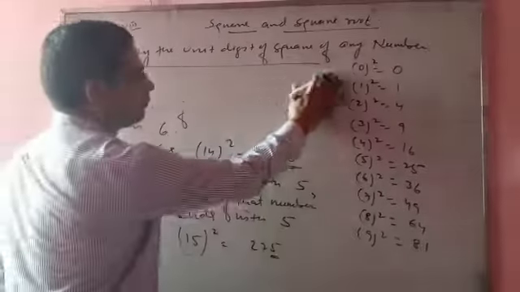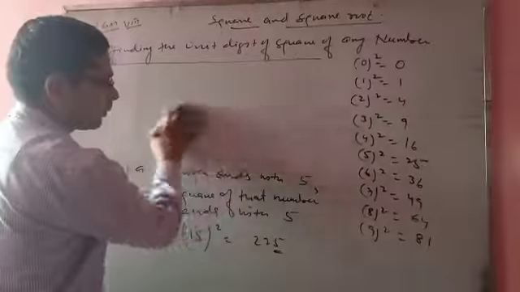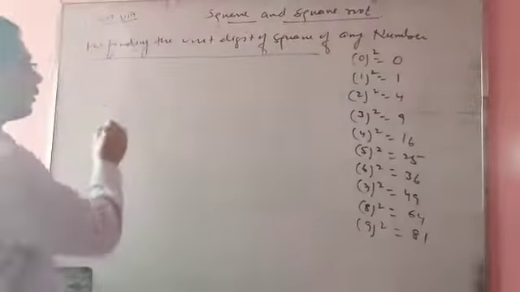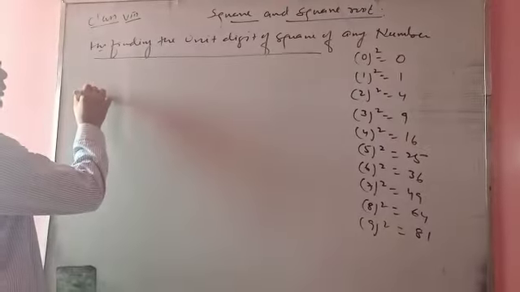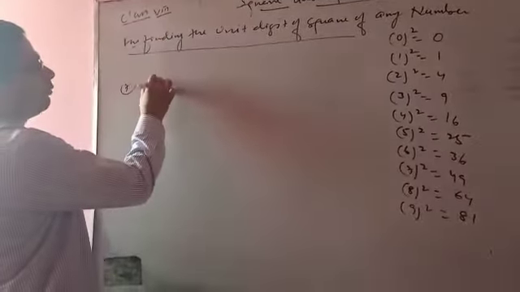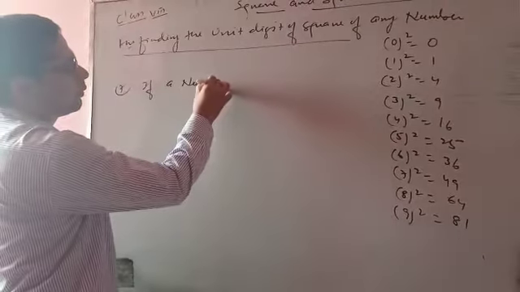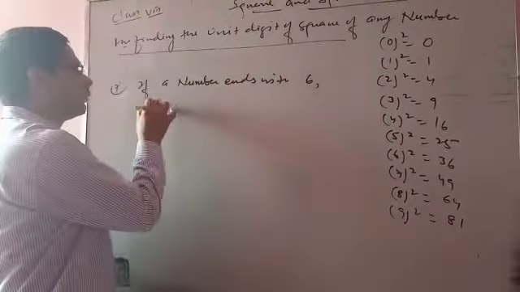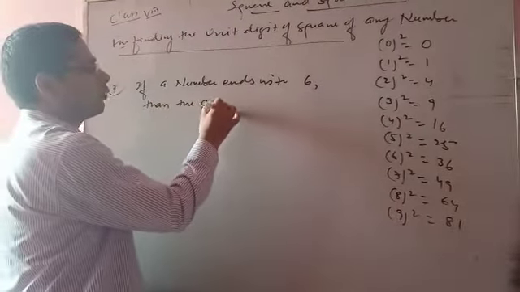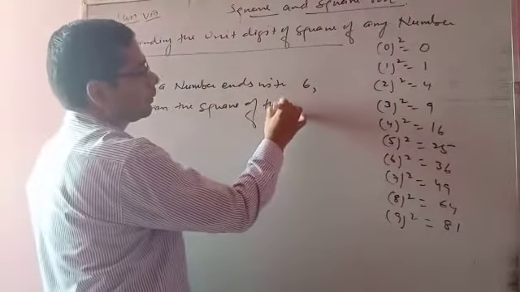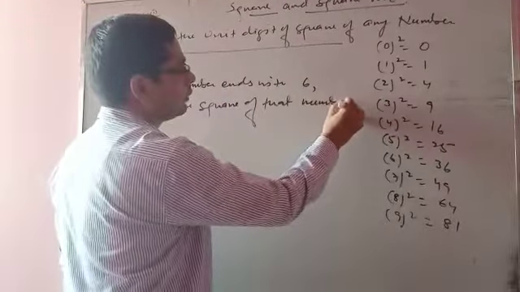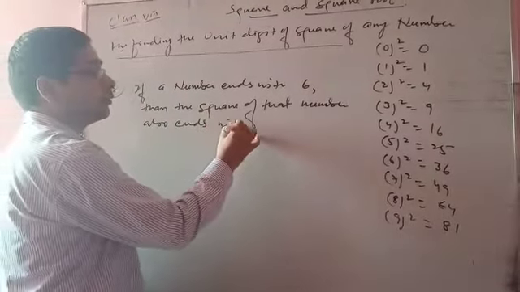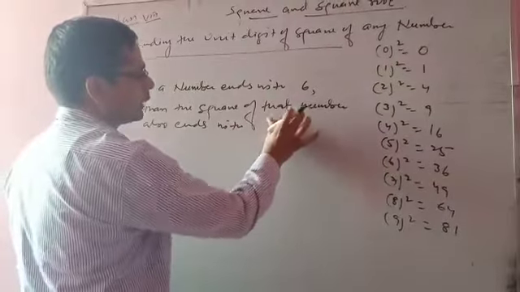The next, if a number ends with 6, then the square of that number also ends with 6.